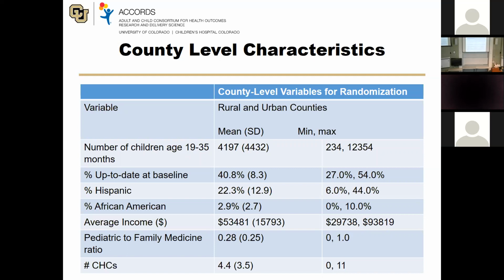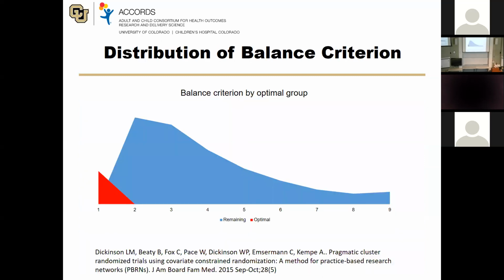So what you can see is that if you used a simple randomization approach, you could very likely end up with extremely unbalanced study arms, and that would hurt the trial. It would definitely cause problems. So the distribution of the balance criterion: we decided on that little group in red.